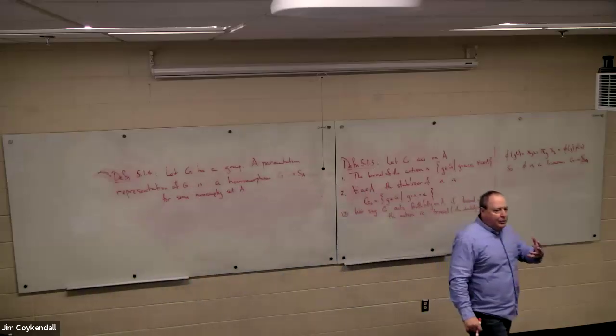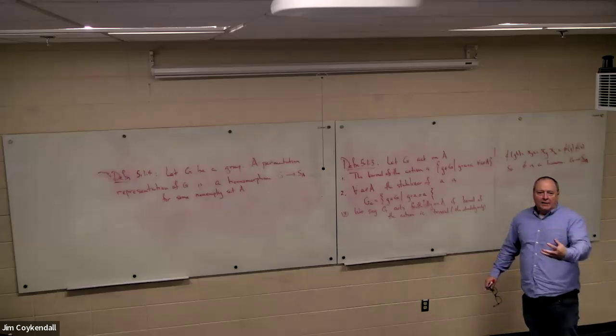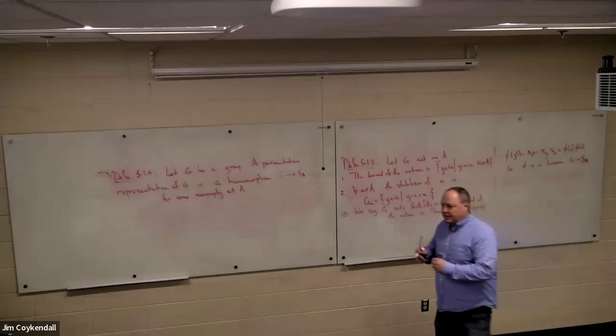So what you do is you take some group G and you write it as a collection of permutations.